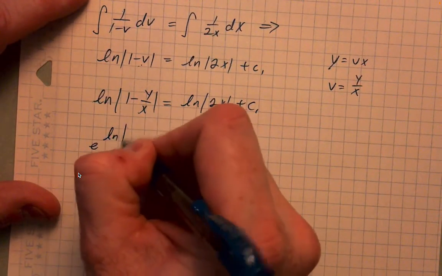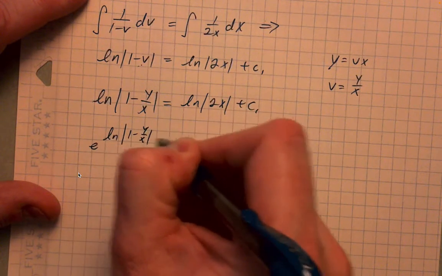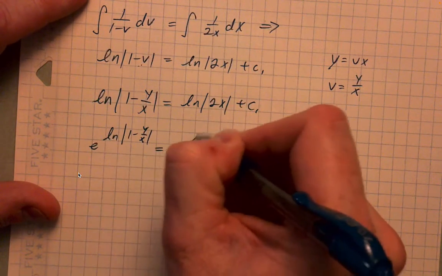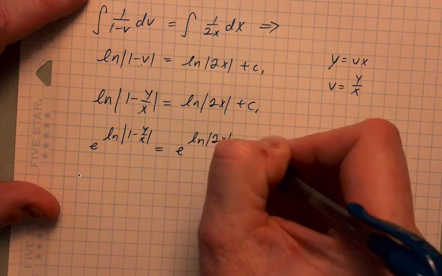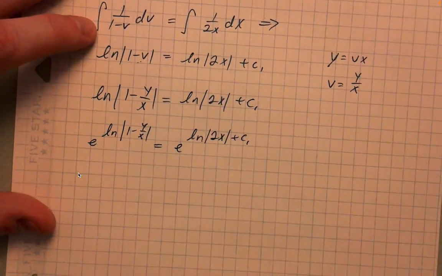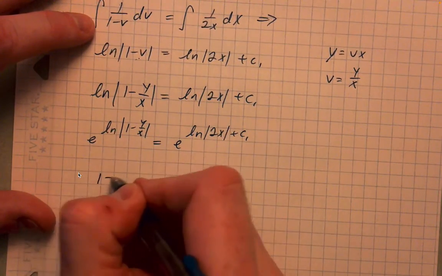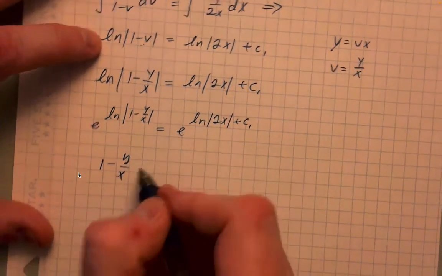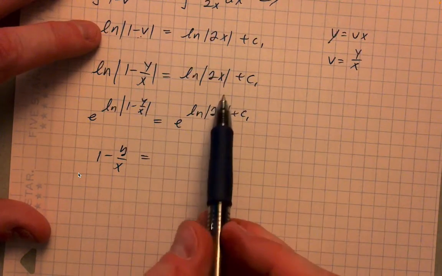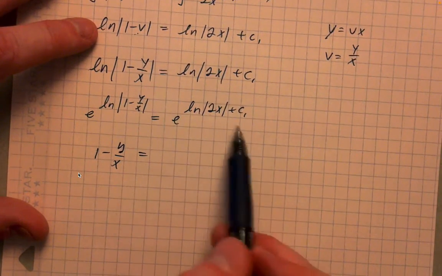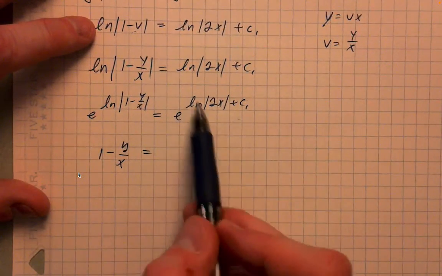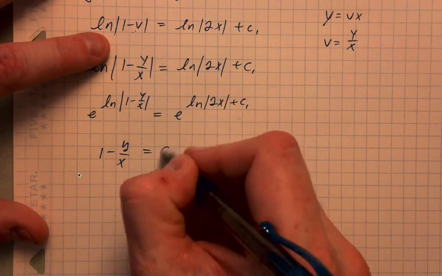So e to the ln(1 minus y over x) equals e to the ln of 2x plus c1. That means we've got 1 minus y over x equals, well, this will be e to the c1, and this will be e to the ln 2x, so it's really just going to be c times 2x.